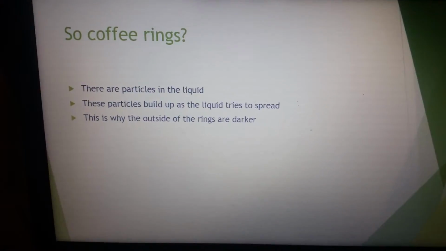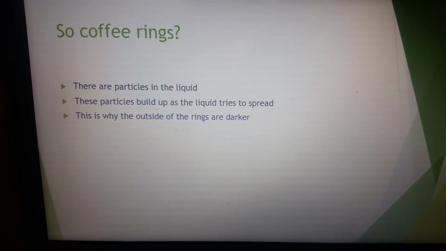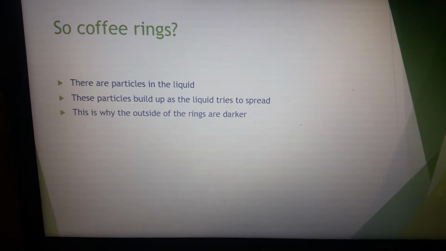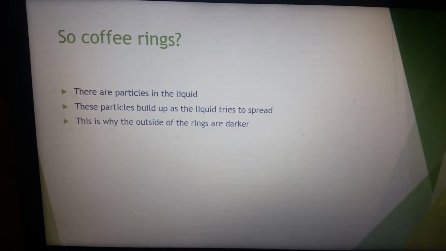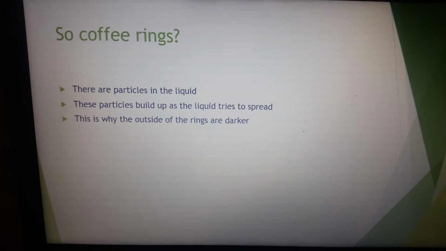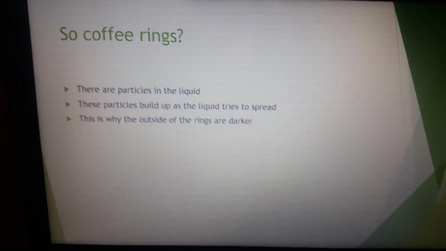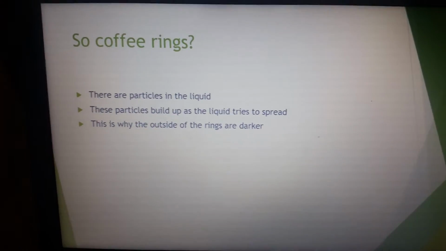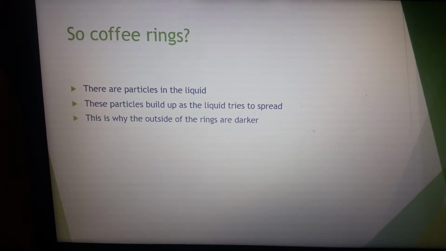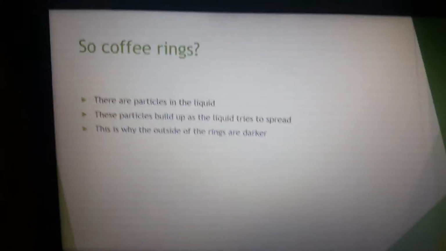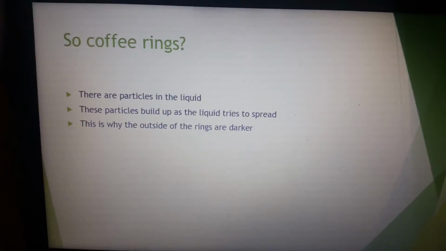Actually, it's because there's particles in the liquid, and these particles build up as the liquid tries to spread. This is why the outside of the rings are darker, which is interesting because it's not really something you think about, but it makes sense. As the coffee tries to spread, the more particles go to the outside, and eventually they make this little wall. All right, not my favorite one.